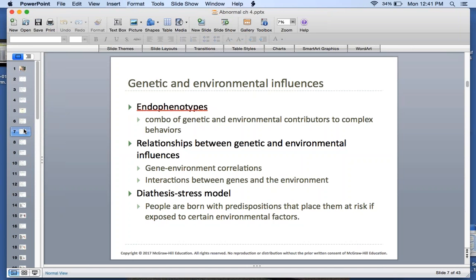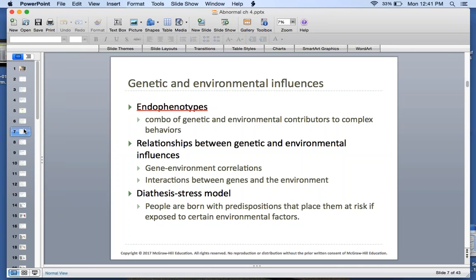So the combination of those two play into complex behaviors. One thing psychologists love to do is make up words or combine words, so endophenotypes. We have this relationship between the genetic and environmental influences.